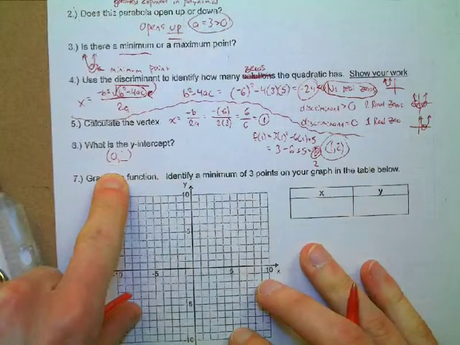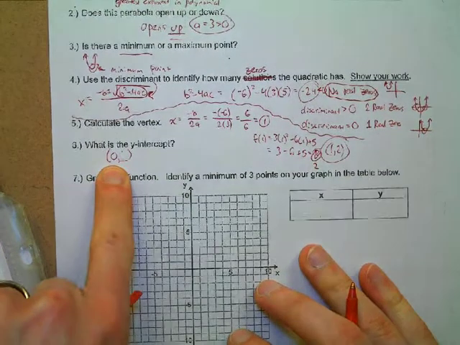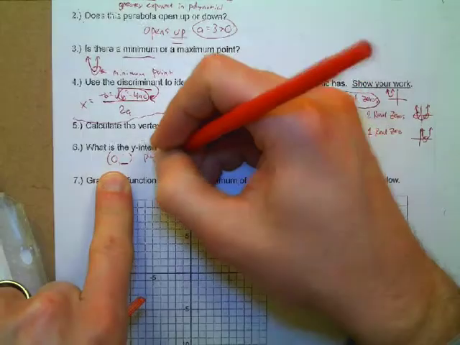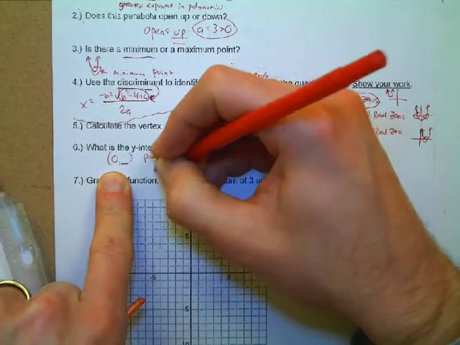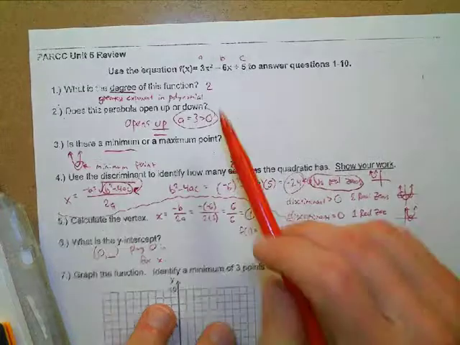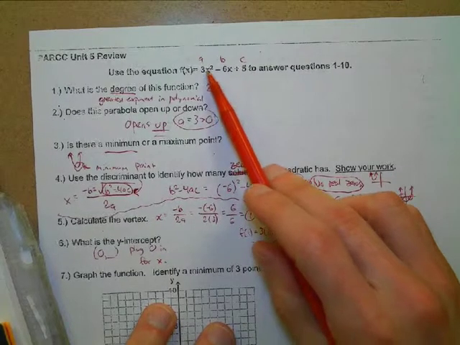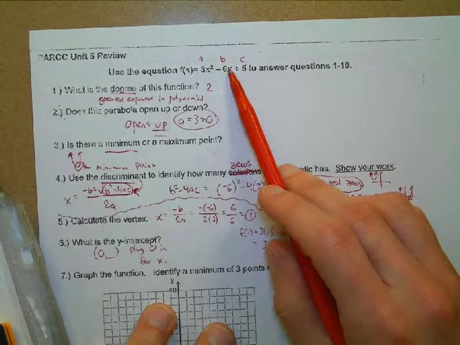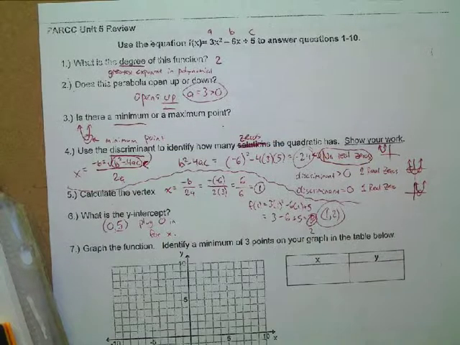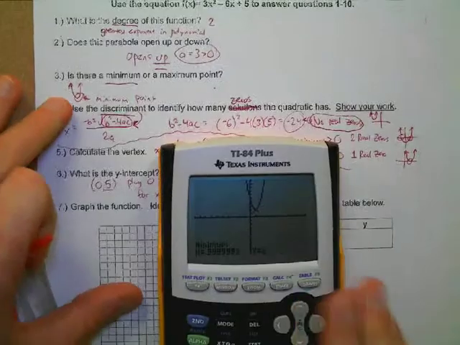So we can plug 0 in for x. 3 times 0 is going to be 0. Minus 6 times 0 is 0. So it's 0, 0 plus 5. So it's just 5.